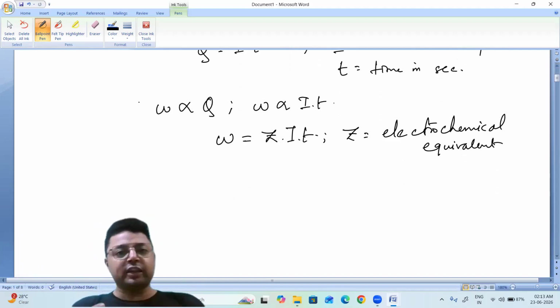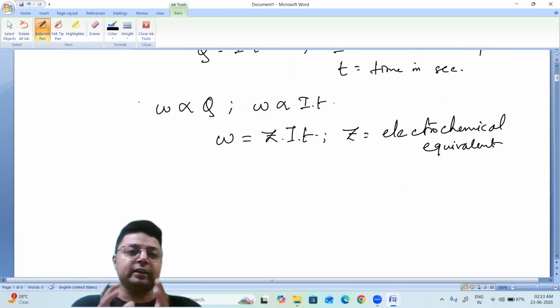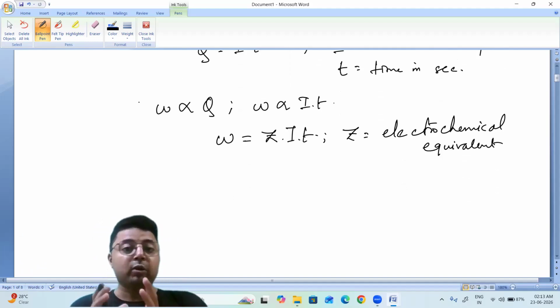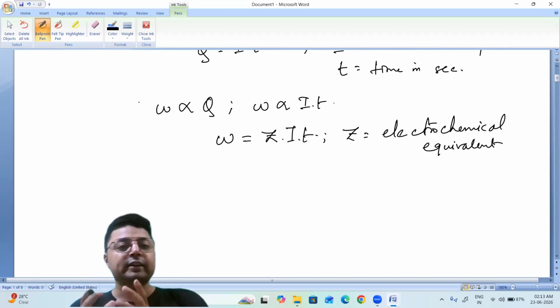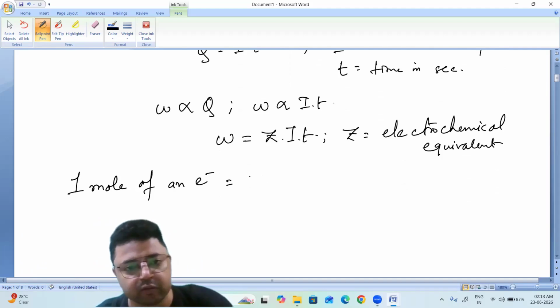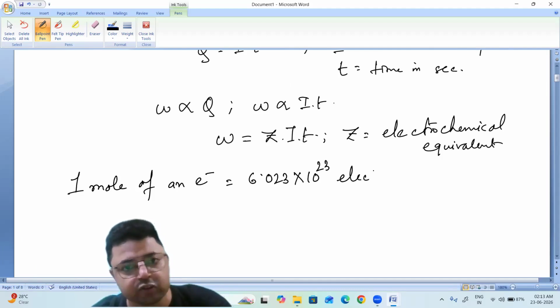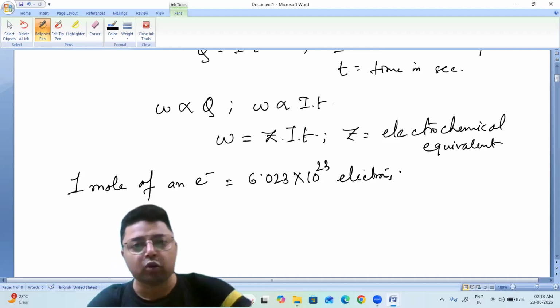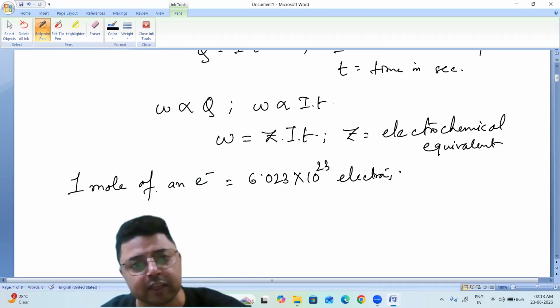And electrochemical equivalent means it will be divided by the amount of charge produced by 1 mole of an electron, not one electron. 1 mole of an electron is equal to 6.023 times 10 to the power 23 electrons.